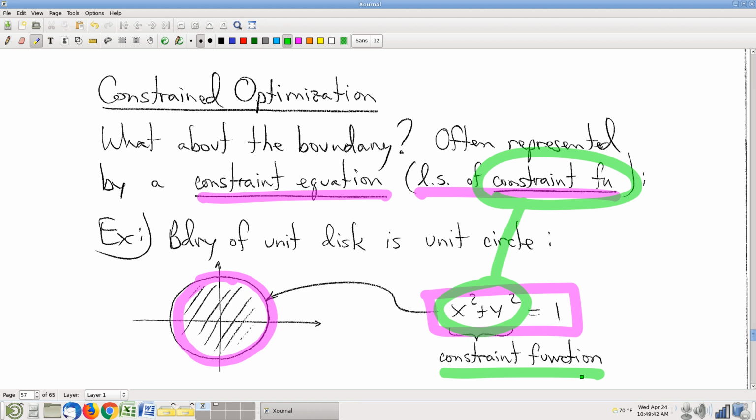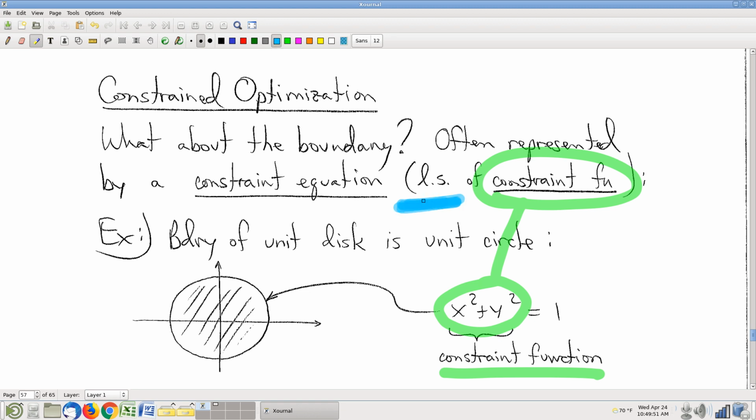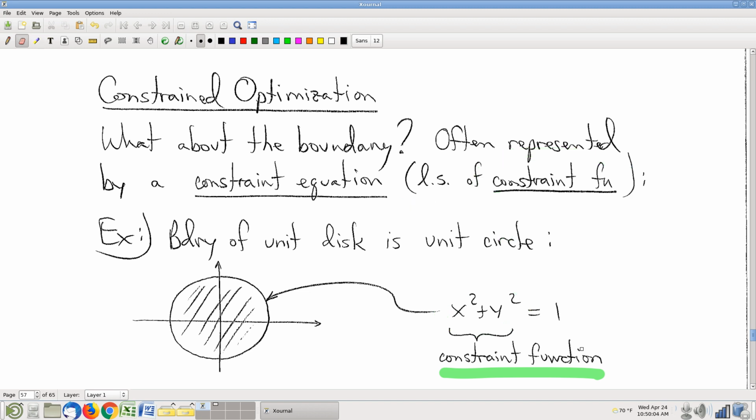The most important thing that we're going to be dealing with in using this technique is that constraint function. So you've got to make sure, in order for this to be a level set, which is key, I almost said critical, that would have been a terrible pun, it is key that this is constant. Okay. All right.